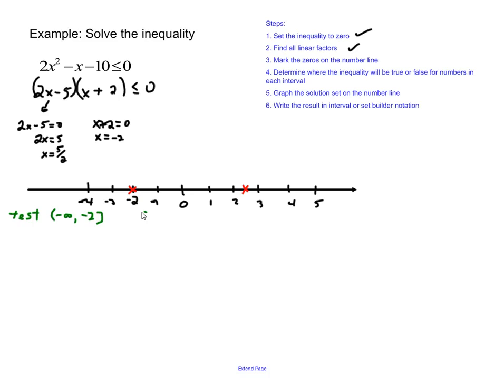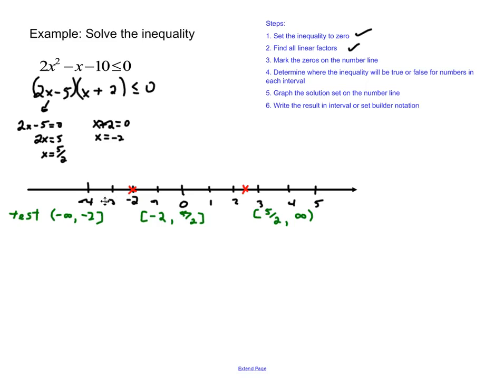We're going to have negative 2 to positive 5 halves as a potential solution interval. And we're going to have the set from 5 halves, including 5 halves, all the way up to infinity as a test interval. In order to test these, we're going to pick a number from within these intervals in order to check.